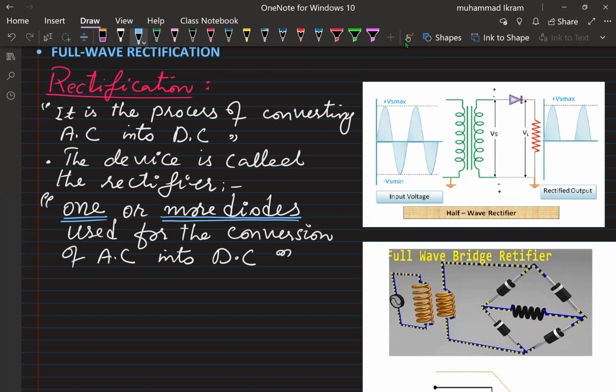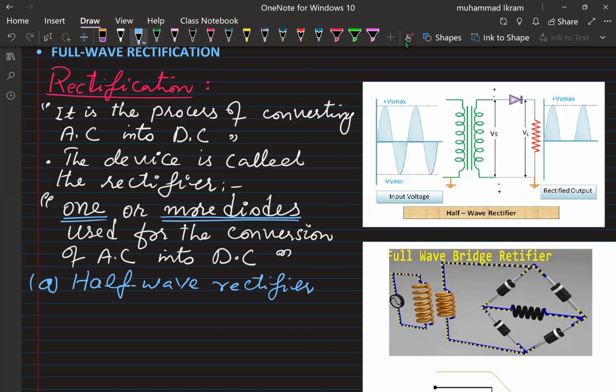When we use one diode for the conversion, then we have the kind of rectifier known as the half wave rectifier.